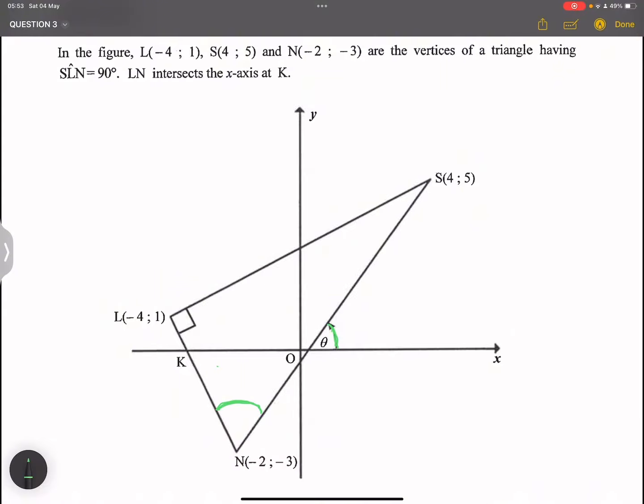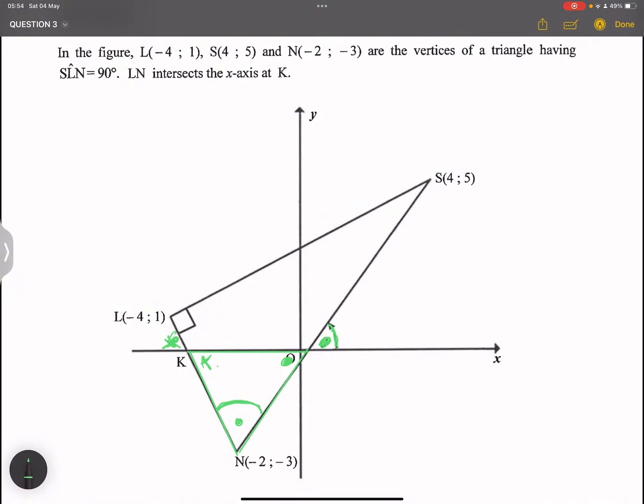If we look into this triangle over here, angle LSN is this angle, so we can find the angle of inclination of the line LN. Please note, this angle over here is equal to that angle, they are vertically opposite.